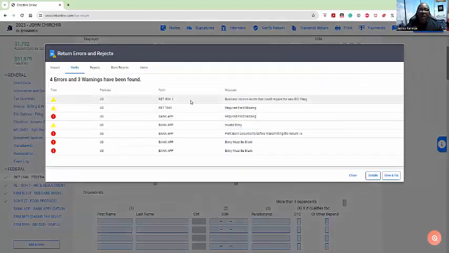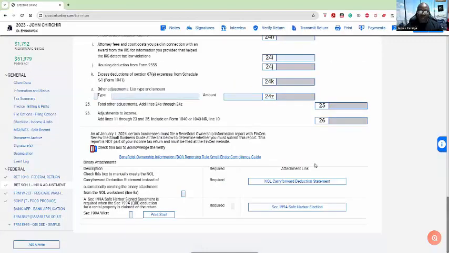Okay, and we have another one, business income exists that could require new BOI filing. Business income, that's a new one. It's the one I was talking about. But they said if you have not registered with the Secretary of State, you don't need to verify. This one, you don't need the BOI unless you have registered with the Secretary of State.